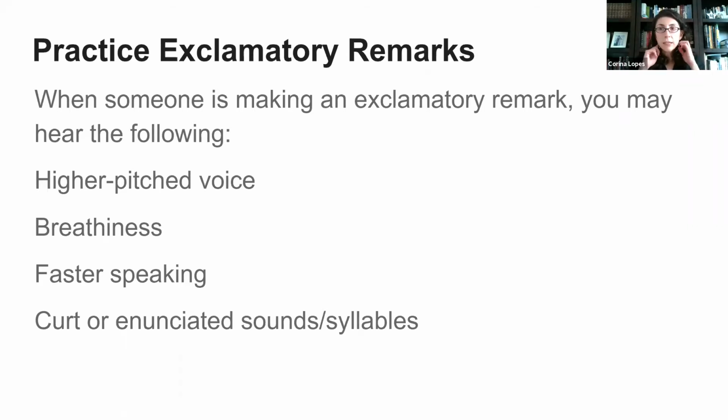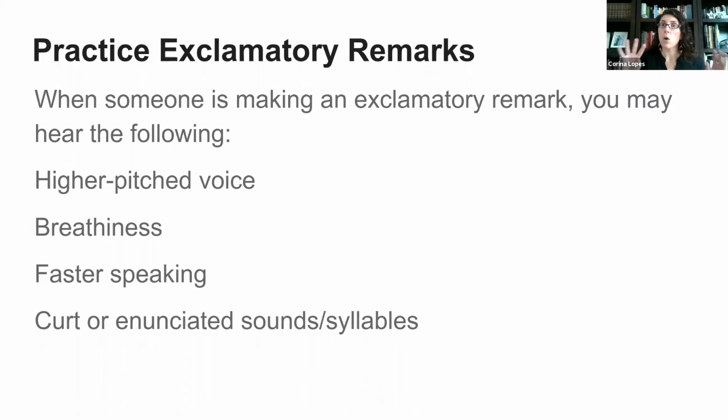But if we're listening, how do we know that someone is expressing overexuberance of a positive or negative emotion? So, when someone is making an exclamatory remark, you may hear some or all of the following, and we're going to be talking about the actual physicality of the voice, okay? I'm giving you 4 things to listen for.